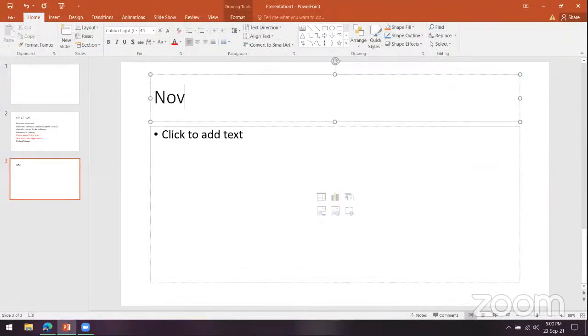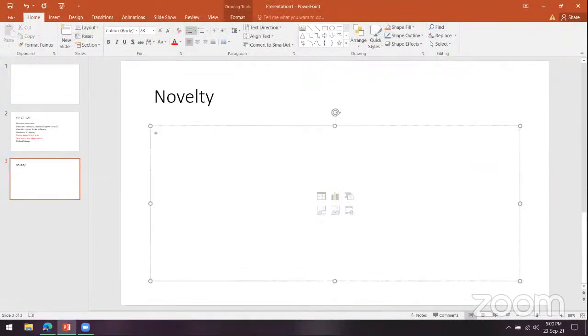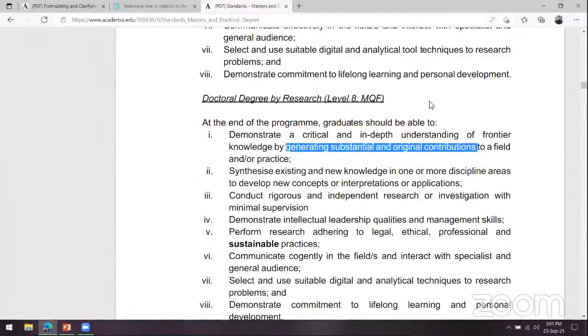Novelty: something new, something innovative, something that gives a positive impact. All of these become the keywords for you to understand. Novelty means not doing something that has been done before, never reinventing the wheel. That is what we call novelty.